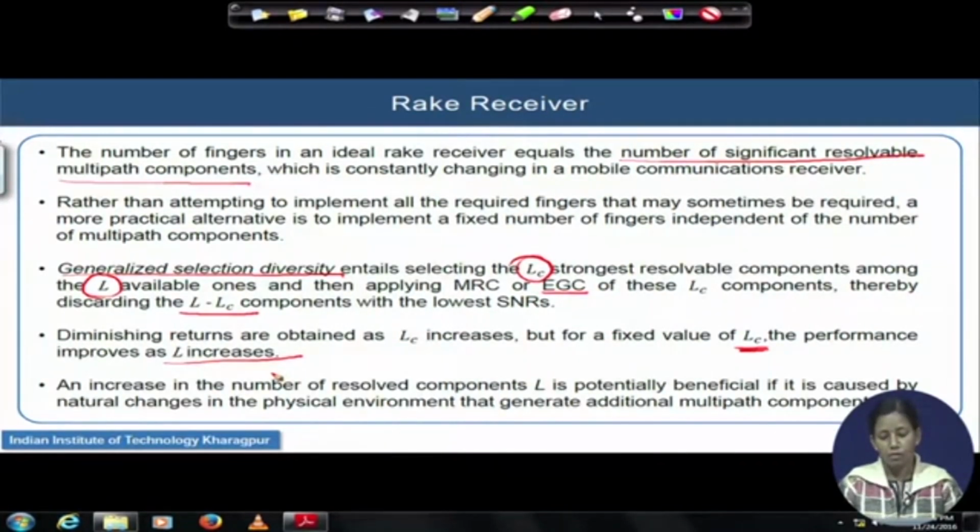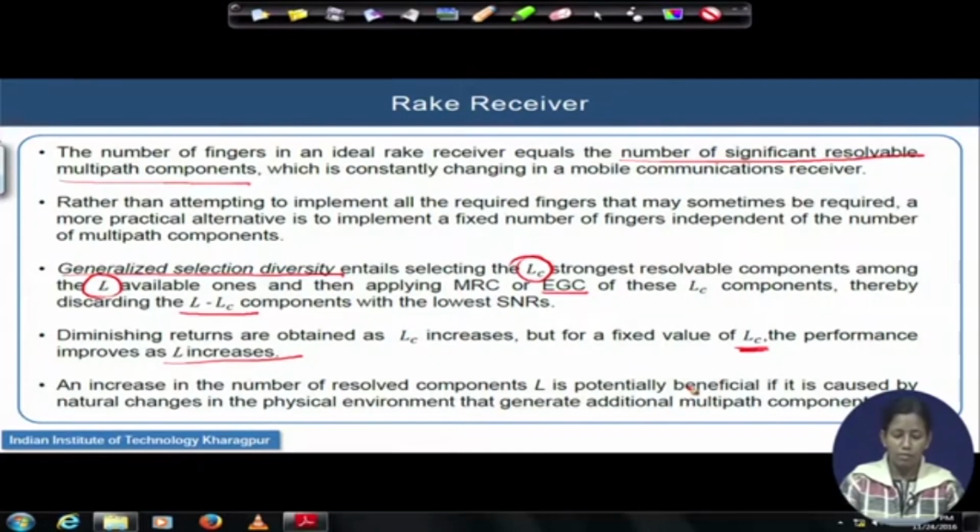So, if capital L increases, it is likely that LC will also increase, and hence it is preferable to go ahead with the combination of a higher number of multipath components. But remember, it involves huge complexity in the receiver.